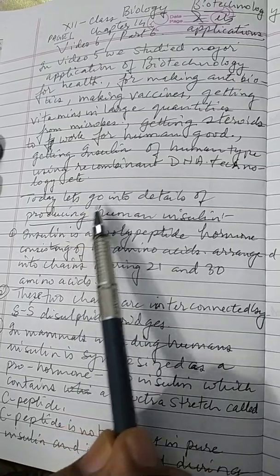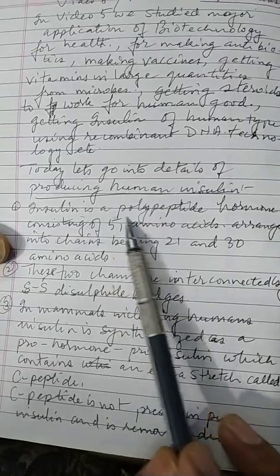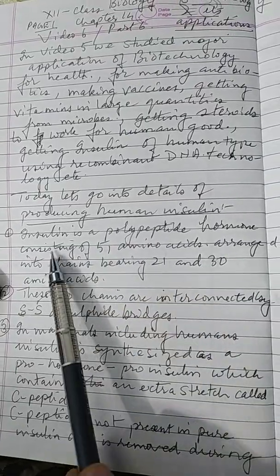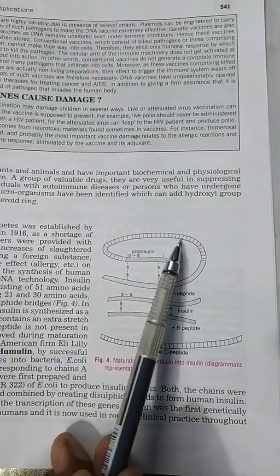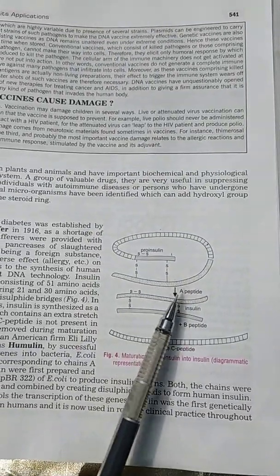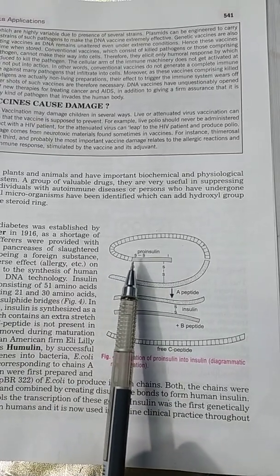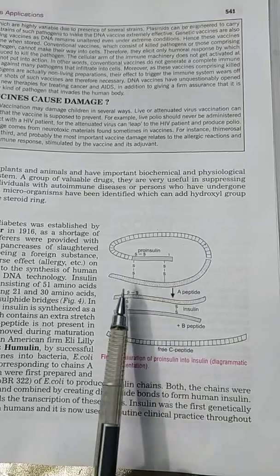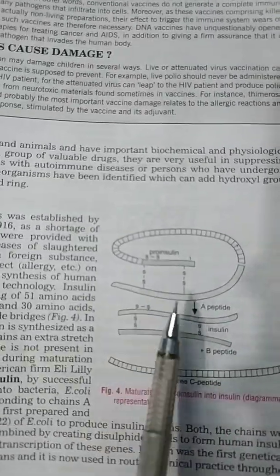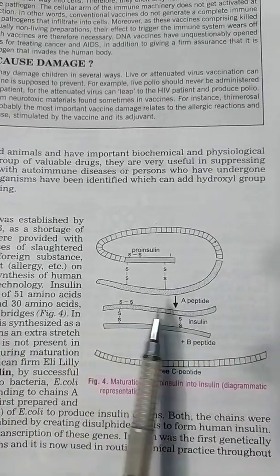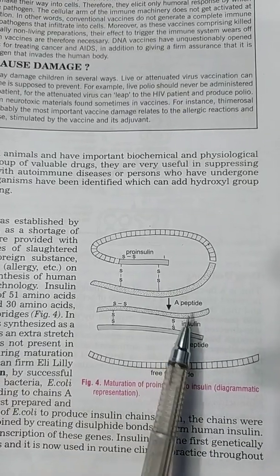Today, let's go into the details of producing human insulin. Now, insulin is a polypeptide hormone which consists of 51 amino acids arranged into two chains. You see here, one chain bears 21, whereas the other chain bears 30 amino acids. So how many amino acids does each chain bear, children? 21 amino acids, and the other 30 amino acids.